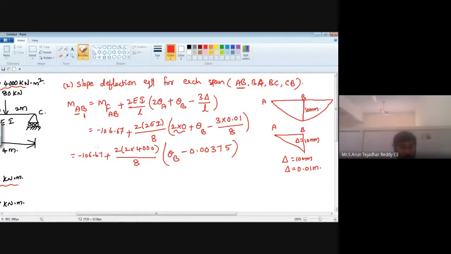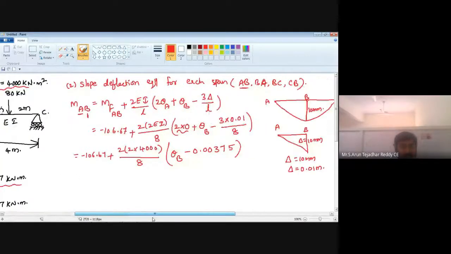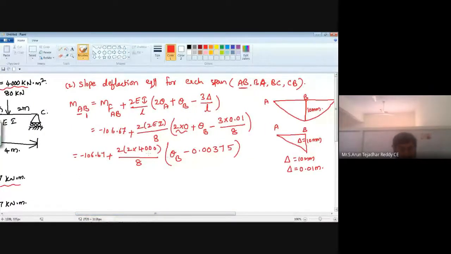Now minus 106.67 plus 2 into 2EI, so EI means the given EI, that is 4000. Just substitute the value here, 2 into 4000 by 8, next theta B minus this value, which is 0.00375.